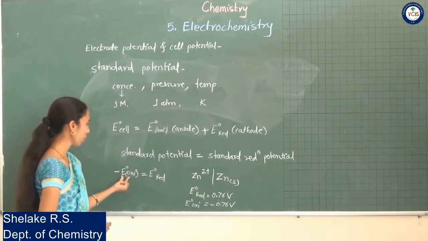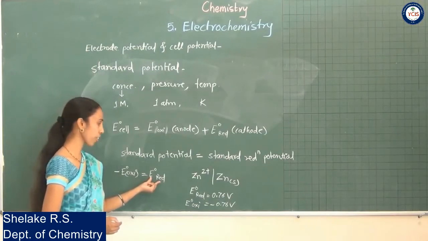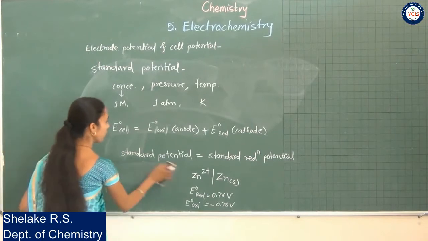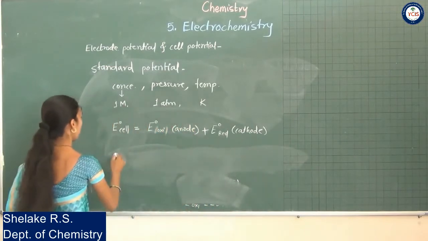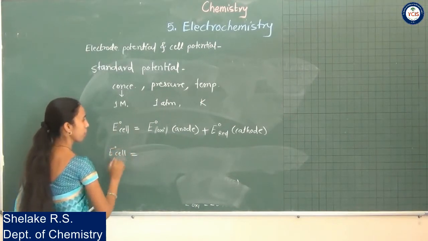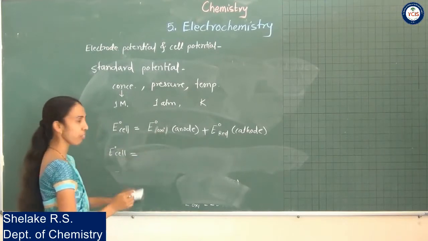Meaning instead of E0 oxidation you can write it in terms of E0 reduction. How will the formula change now? See here, E0 cell is equal to, now instead of oxidation you can write the reduction with the reverse of sign.